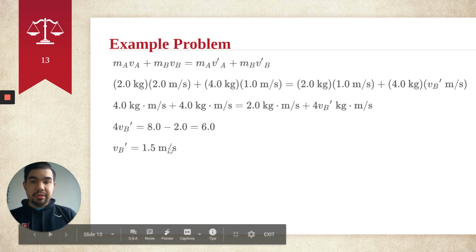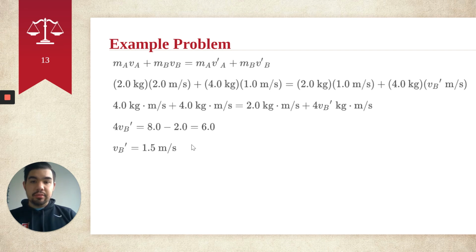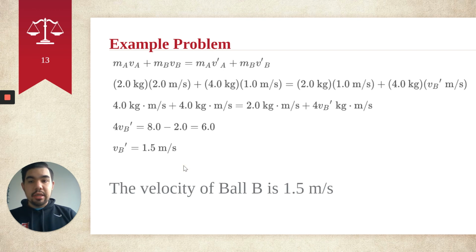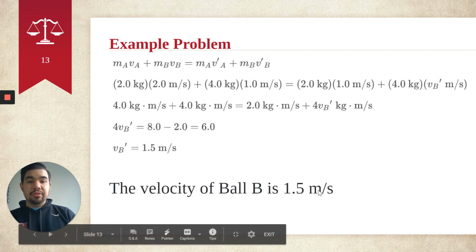That equals 6. Divide both sides by 4, and then we get 6 divided by 4. So our velocity of ball B after is going to be 1.5 meters per second. So the velocity of ball A actually slowed down. It was cut in half. And the velocity of ball B actually sped up.